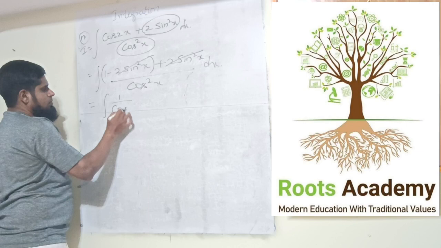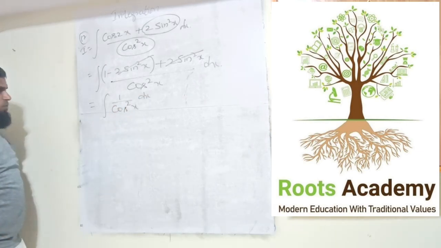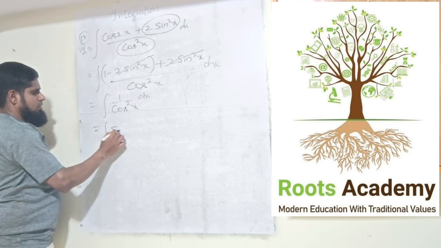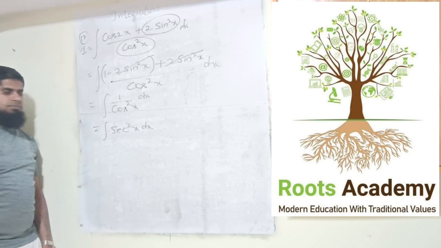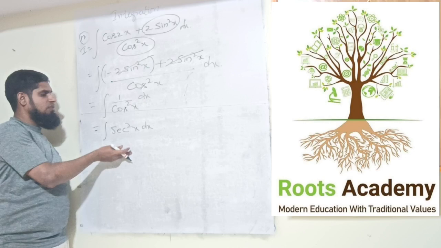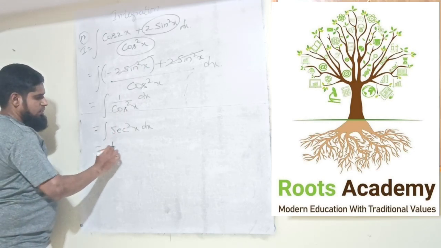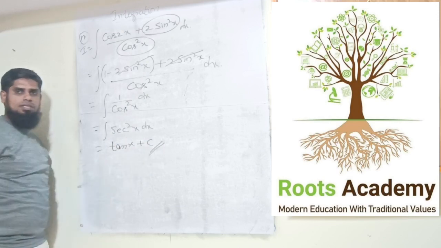Integration of 1 by cos square x dx. What is 1 by cos square? We know that it's secant square x dx. The integration of secant square x is tan x, because derivative of tan x is secant square x. So integration of secant square x is tan x plus c is the answer.